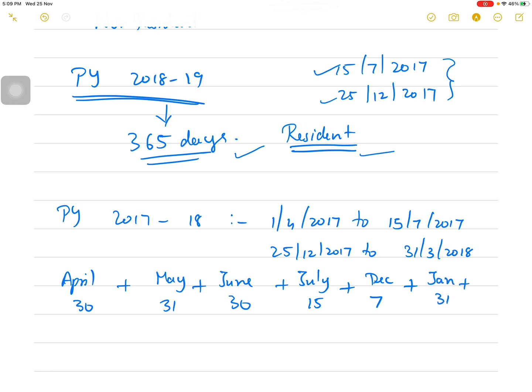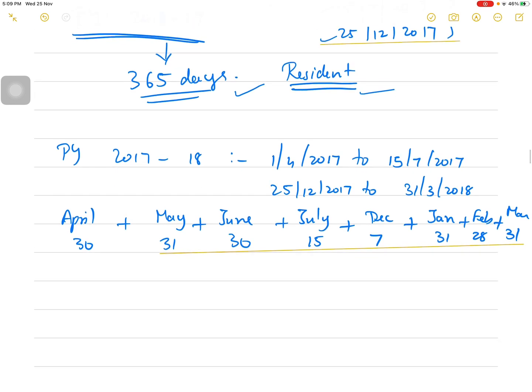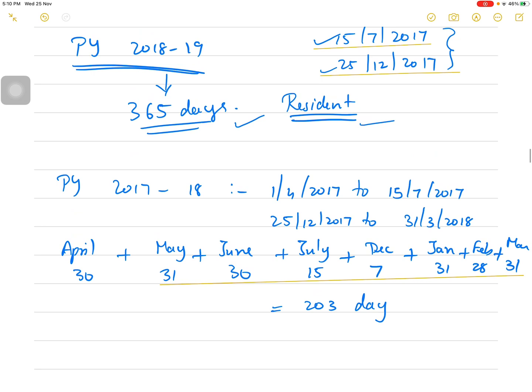January 31 days, February 28 days, and March 31 days. So 30 plus 31 plus 30 plus 15 plus 7 plus 31 plus 28 plus 31 comes to 203 days. So during the previous year 17-18 he is resident because it is more than 182 days.